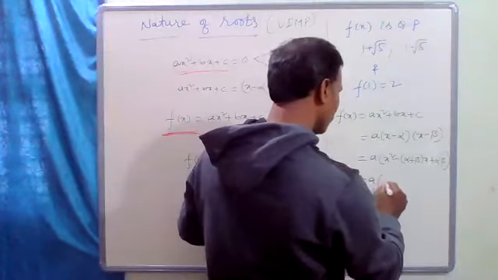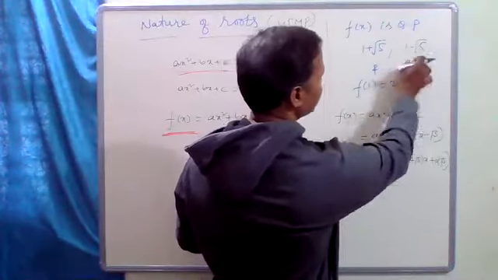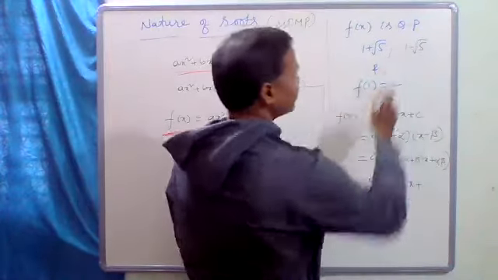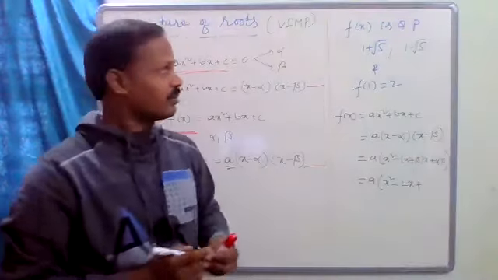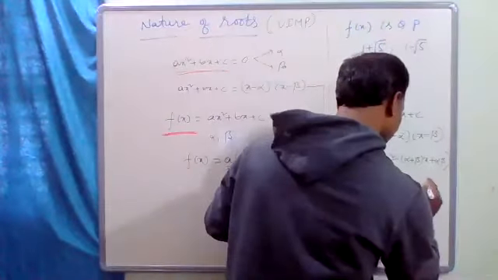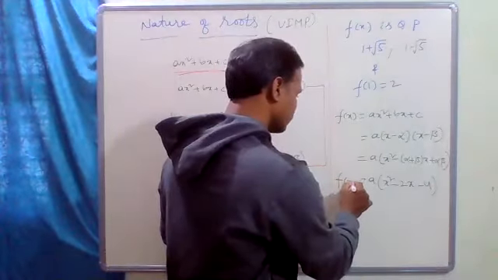What is the sum? The sum is 2. The product is 1 minus 5, that is minus 4. So this is f of x.